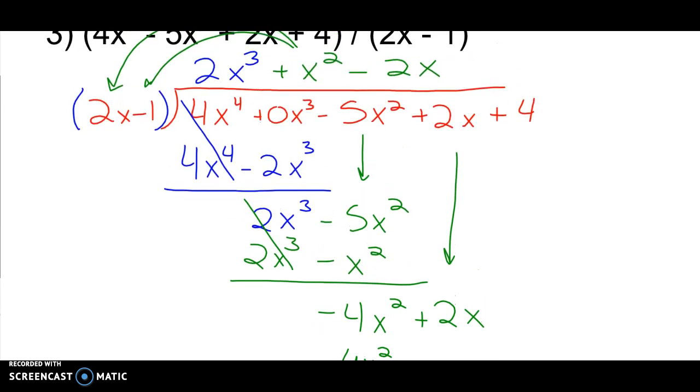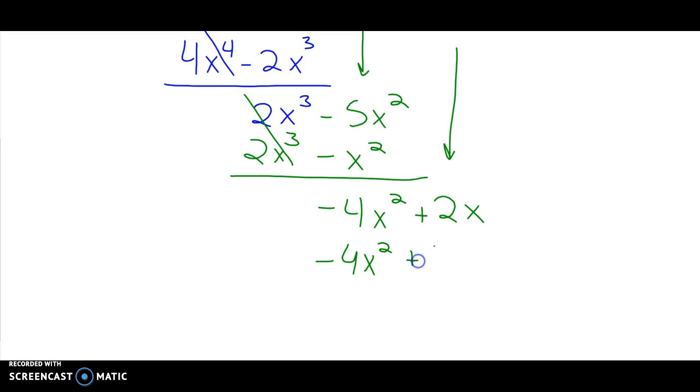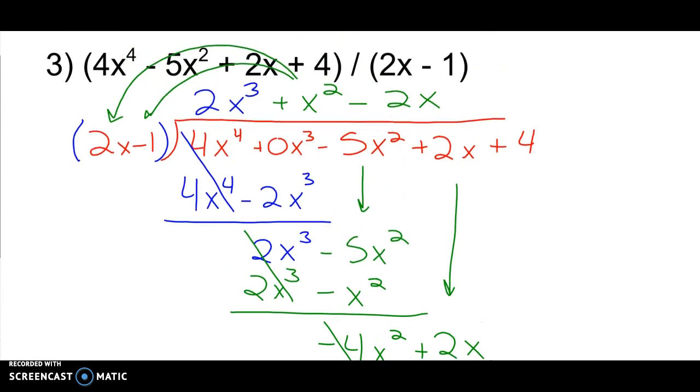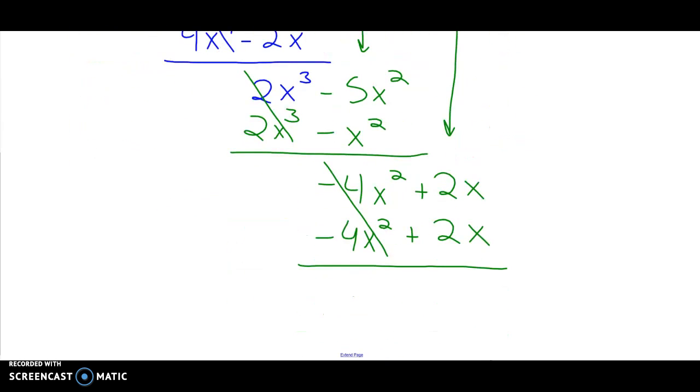Negative 2x times negative 1 is positive 2x. Negative 4 minus negative 4 is 0. 2 minus 2. Did I mess them up? Okay, 2 minus 2 is 0.